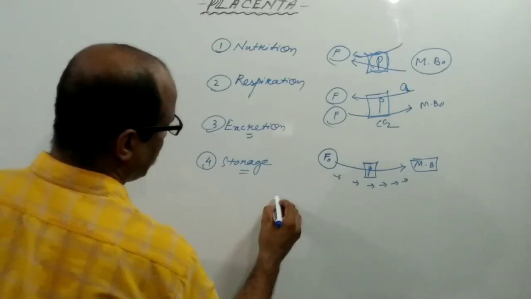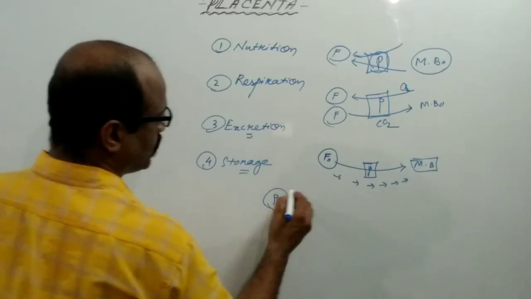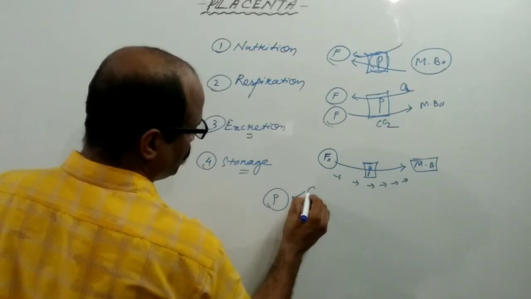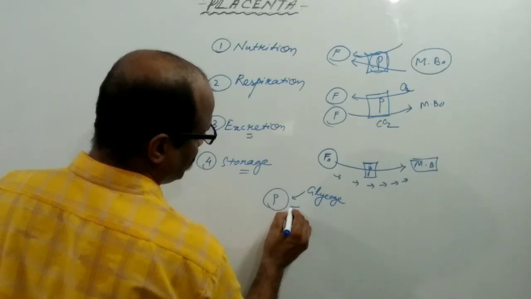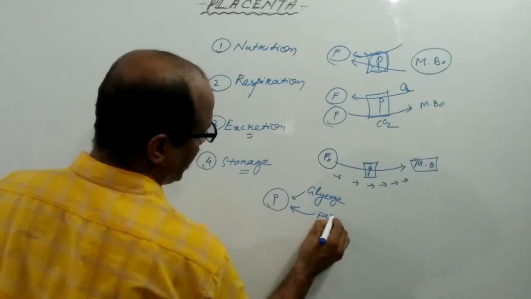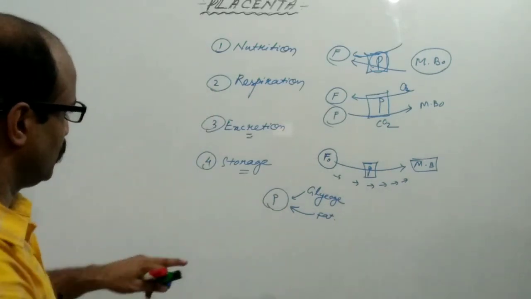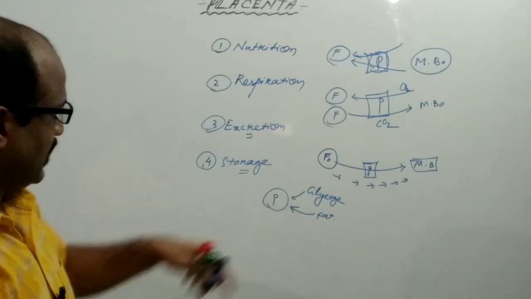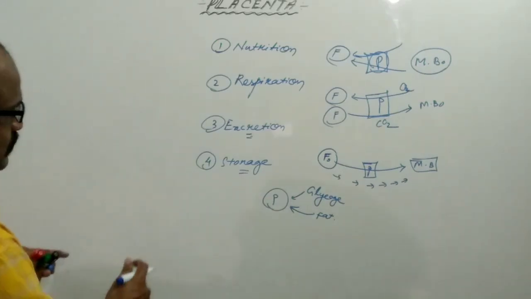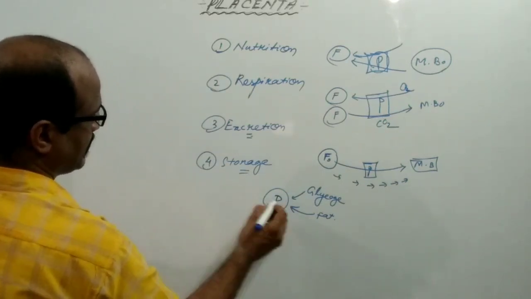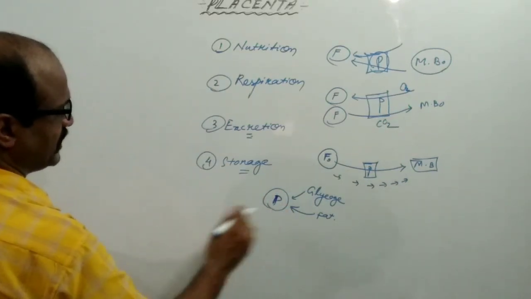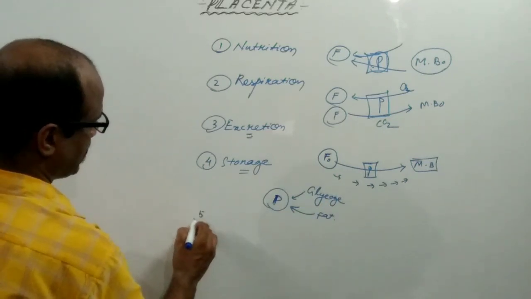The placenta may store glycogen, or it can store fat, and some nutrients are also stored in the placenta for the fetus. So the placenta has the main role of storage of glycogen and fat.